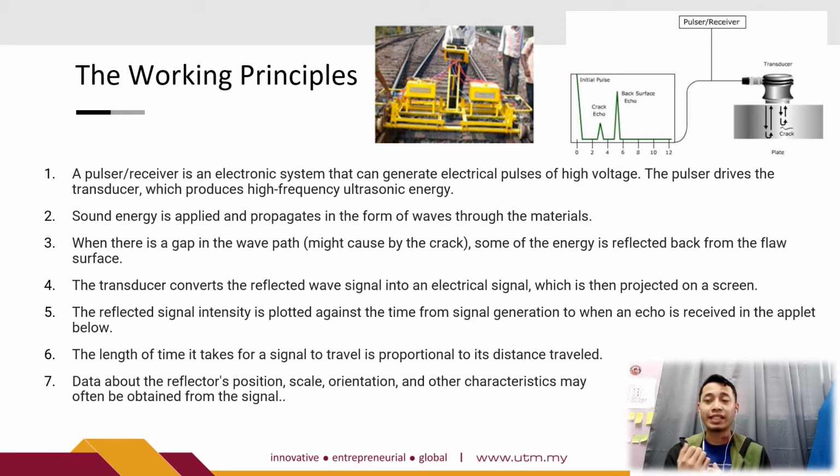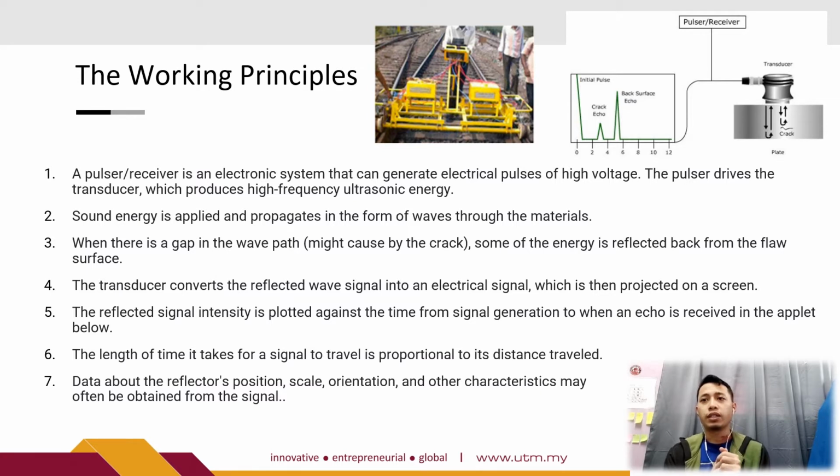If there is a gap in the wave path, which might be caused by a crack, some of the energy will be reflected from the flaw surface, and the transducer will receive the wave and transform it into an electrical signal projected on the screen.